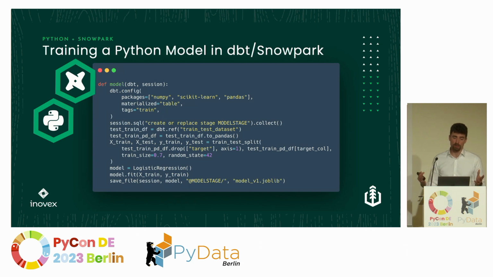So maybe for all of those who don't know dbt, dbt works in the way that a model is a kind of a view or a table. So every select SQL statement that is somehow materialized in a view or in a table is called a model. And with now the possibility to also have Python models, this is why this function is called model.